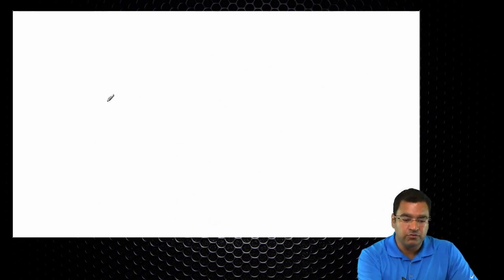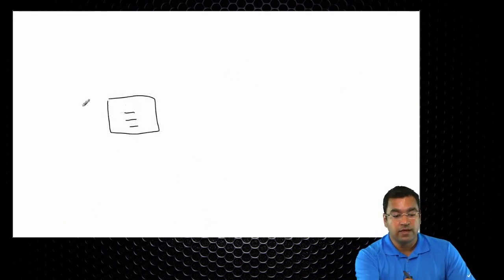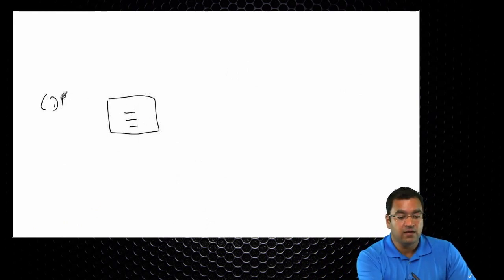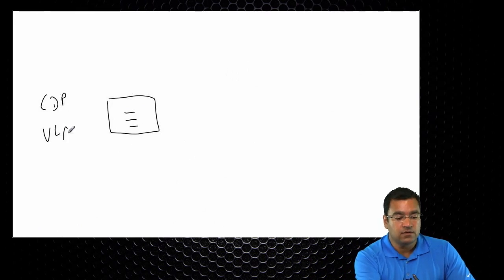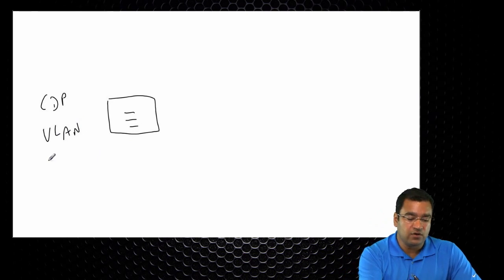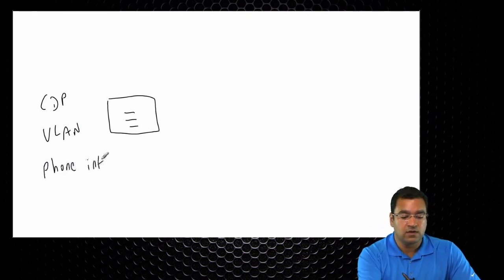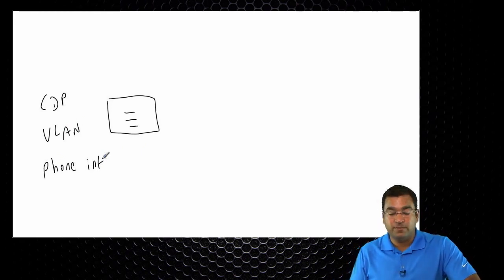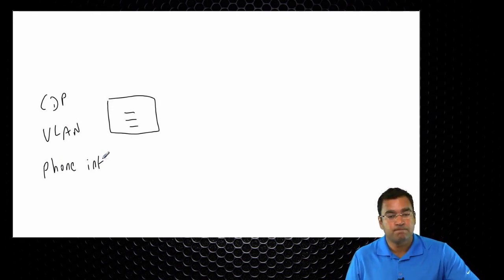The next thing, so I've got layer 2 all correctly configured here, I hope. CDP, did my check there, looked at the VLAN list, VLAN database. I've gone to the phone interfaces and configured voice VLAN, spanning tree port fast, access VLAN.